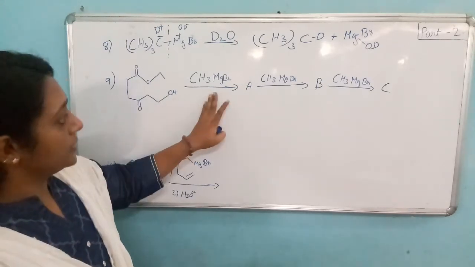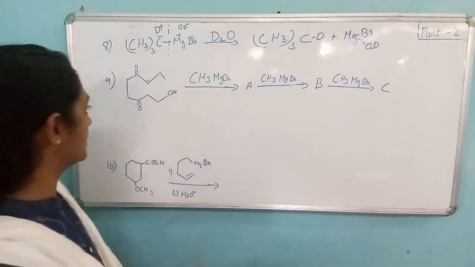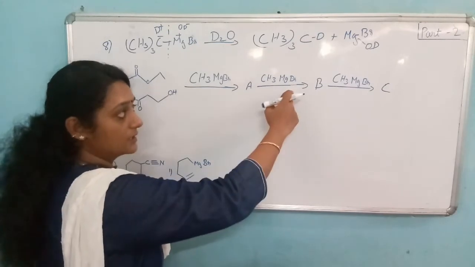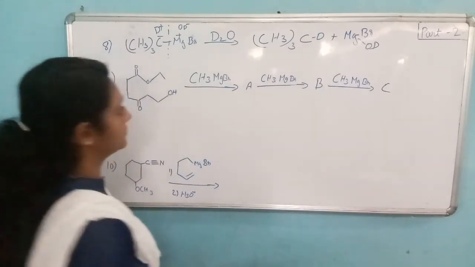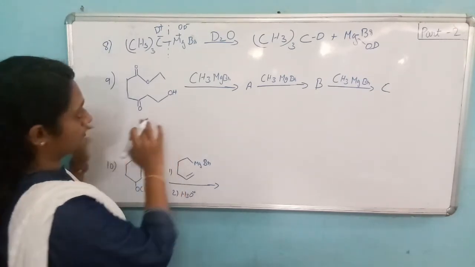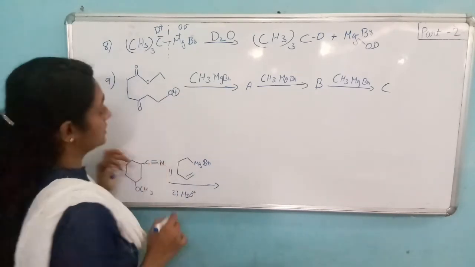Next, to this compound we add Grignard reagent, CH3 MgBr. To this A, again 2 moles of Grignard reagent are added, and that will be the final product. And here, this is the acidic hydrogen.